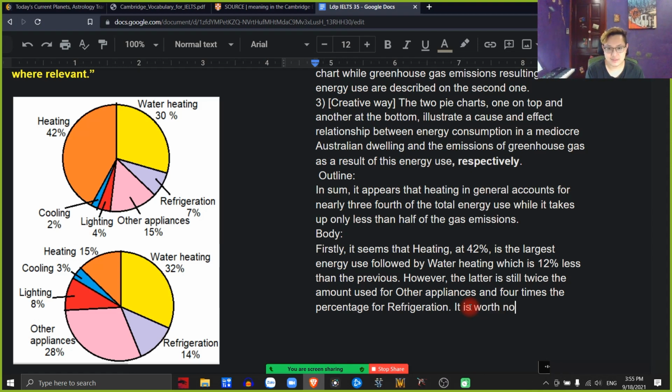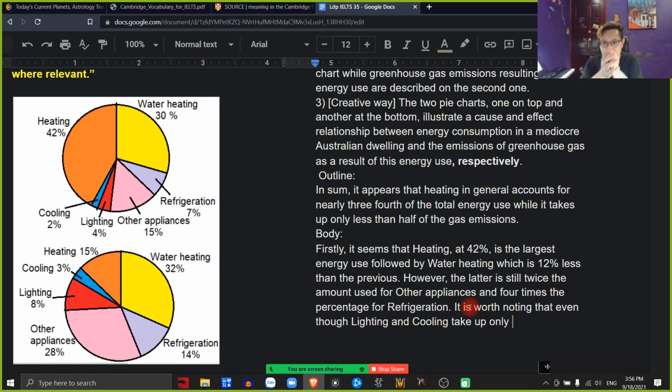It is worth noting that even though lighting and cooling take up only 4 and 2 respectively, I can combine them together like 6% if I want to, because they are so small, isn't it?